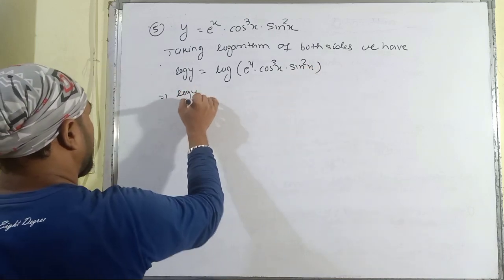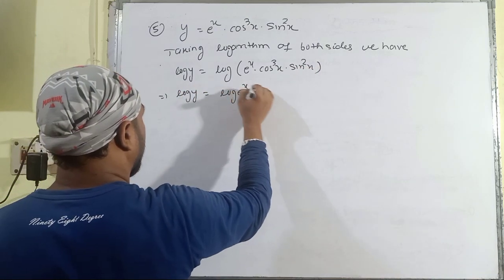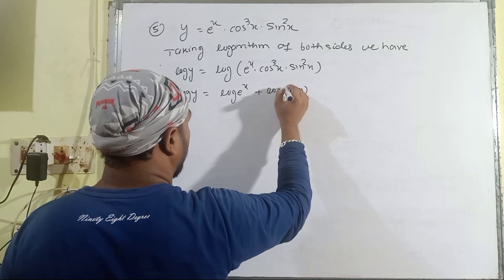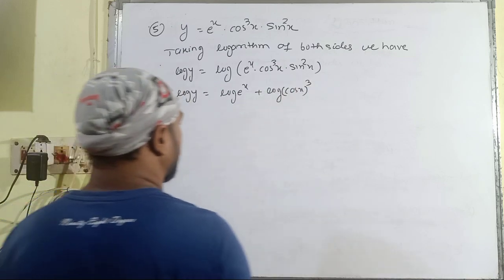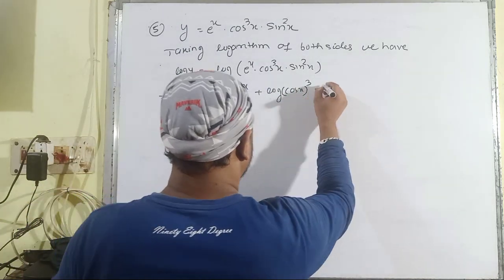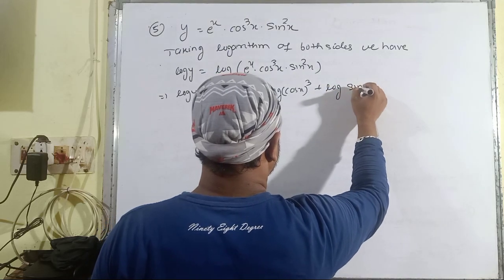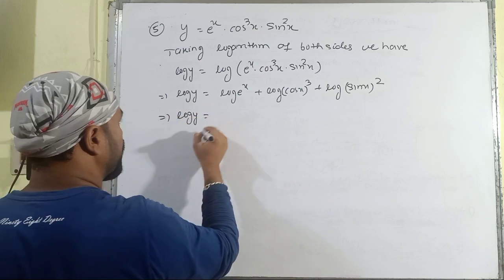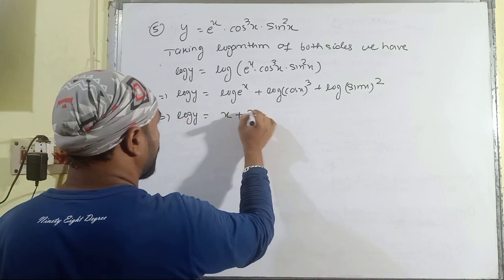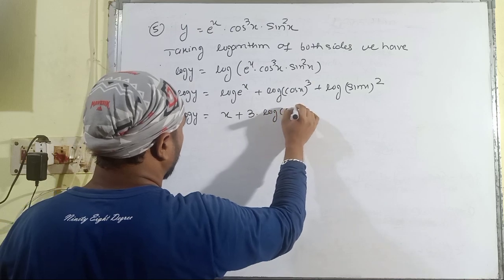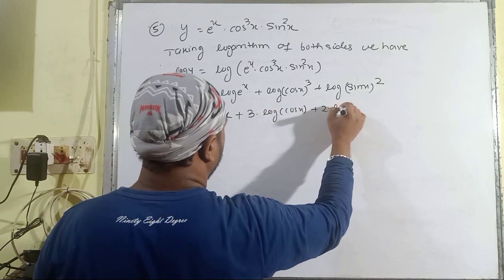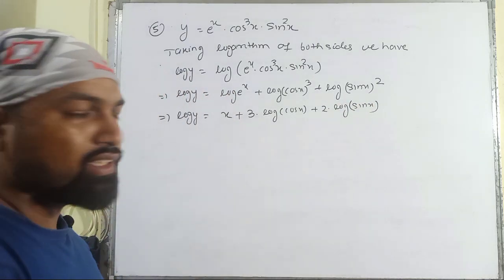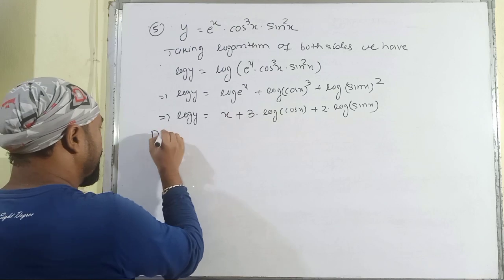Then log y is equal to log e to the power x plus log cos cube x, which can be written in the form of log (cos x) to the power 3 plus log (sin x) to the power 2. Then log y is equal to x plus 3 multiplied with log cos x plus 2 multiplied with log sin x. And from here we have to differentiate both sides with respect to x.